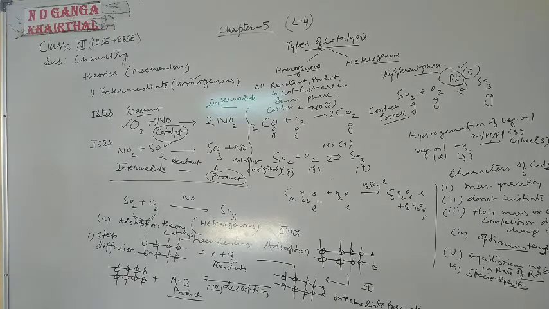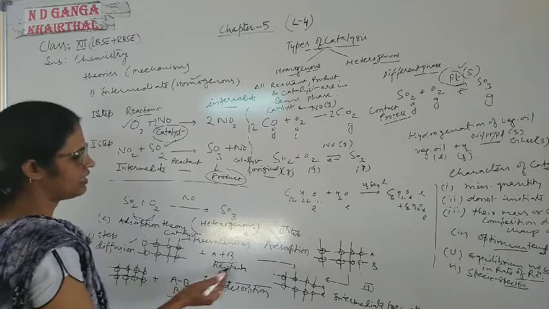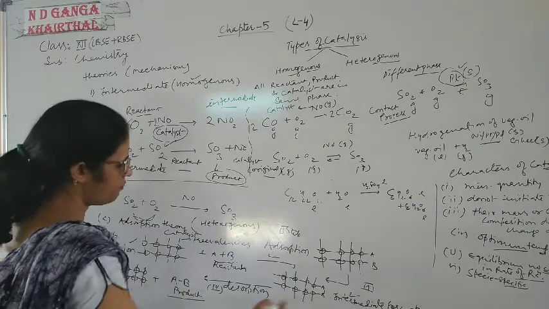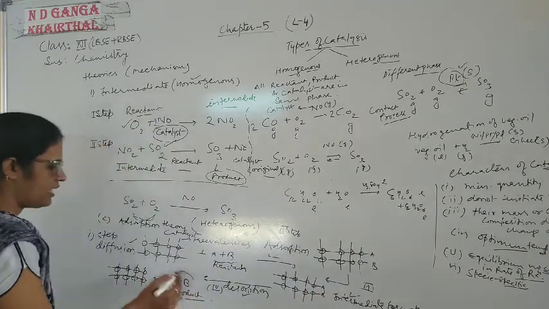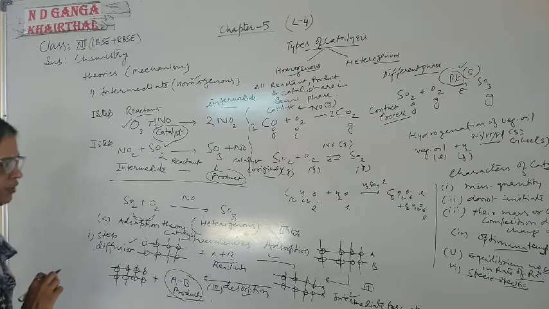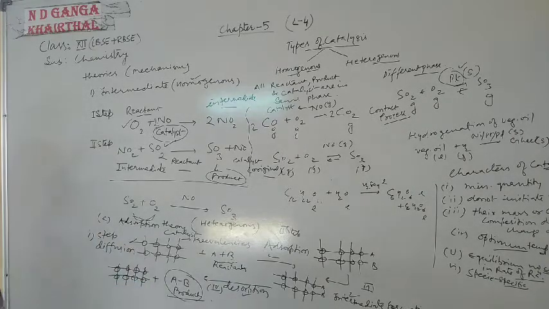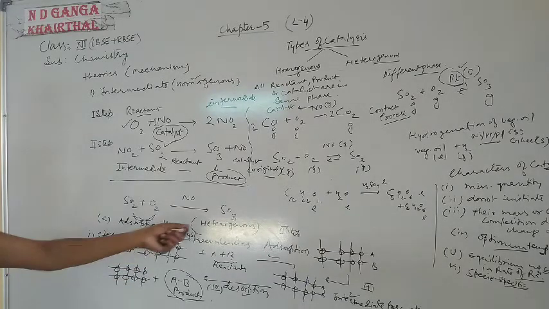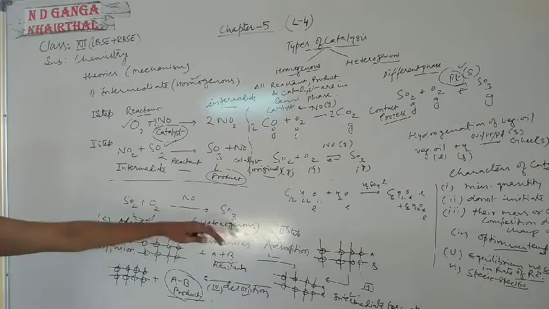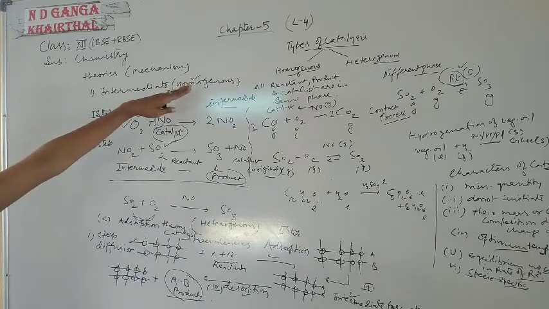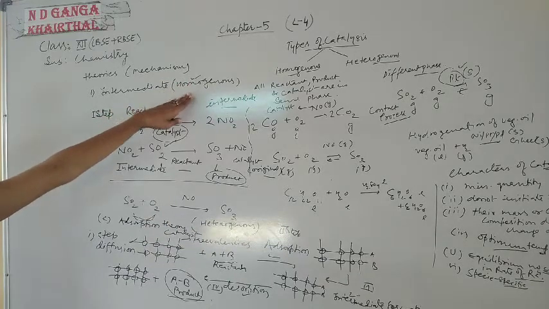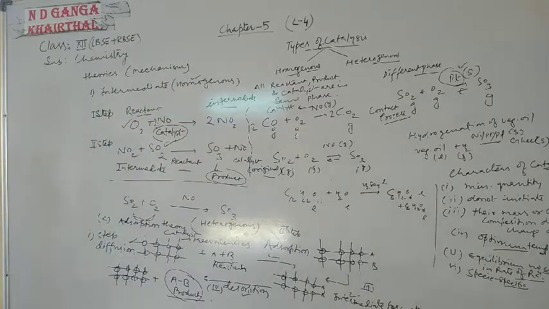Okay. So the first step is diffusion, then adsorption, then intermediate formation, then desorption, and then we get the product. And the catalyst is as it was present earlier. So adsorption theory is applicable to heterogeneous catalysis, and intermediate theory is applicable to homogeneous catalysis.